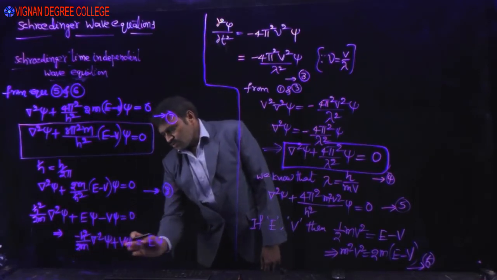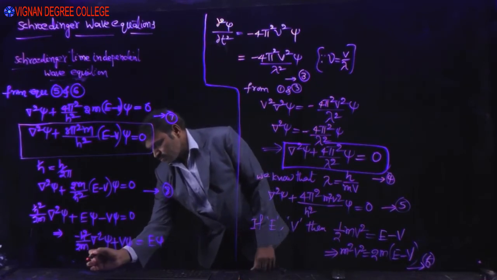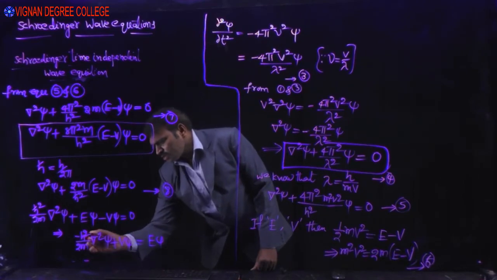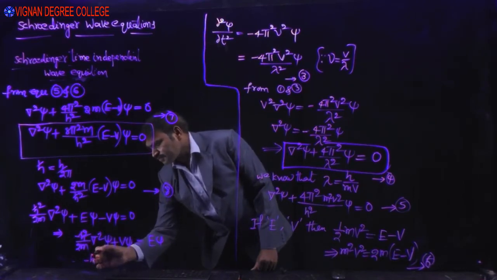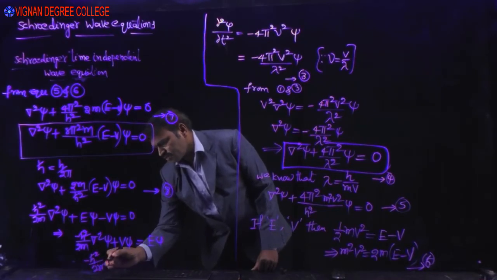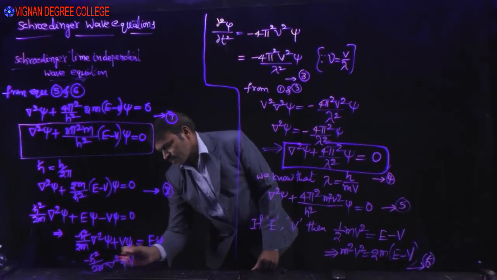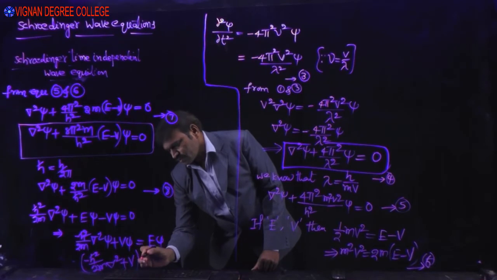In these two terms psi is common. So write minus h cut square by 2m del square plus V into psi is equal to E psi.